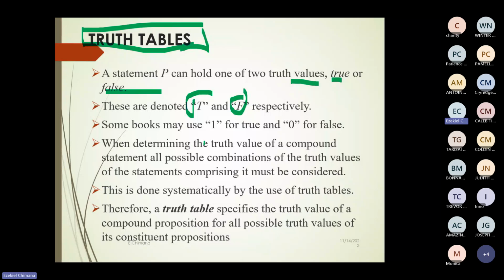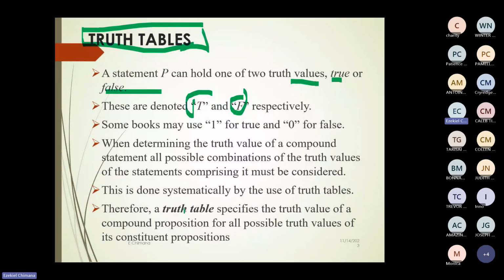So when determining the truth value of a compound statement, all possible combinations of the truth values of the statements comprising it must be considered. This is done systematically by the use of truth tables. Therefore, a truth table specifies the truth value of a compound proposition for all possible truth values of its constituent propositions.